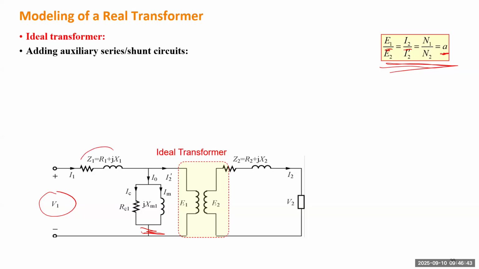And on each side, we have an impedance to model the resistance of the windings and also the leakage reactance, leakage flux. And this is the load connected to the transformer.